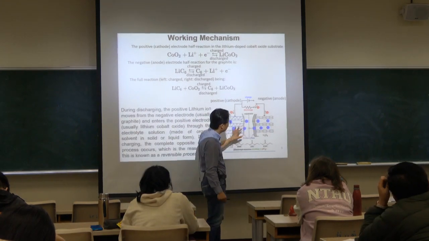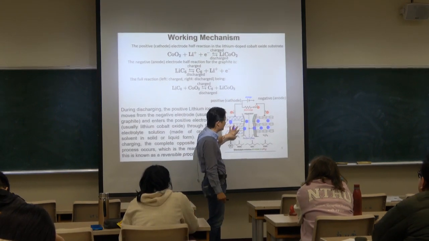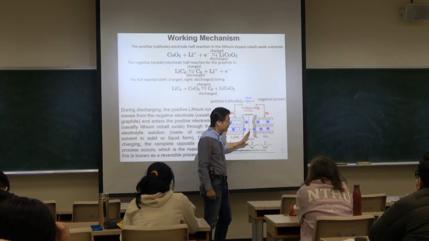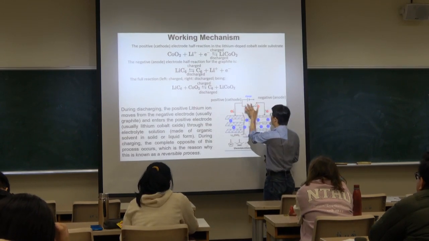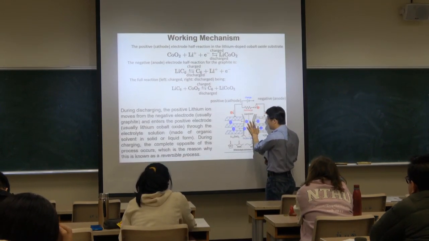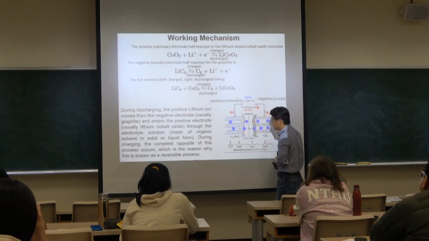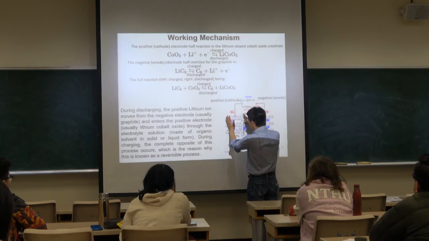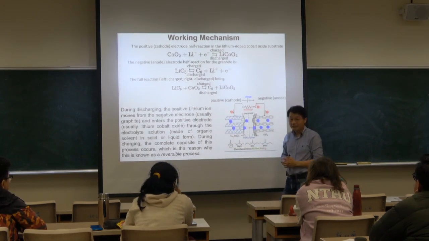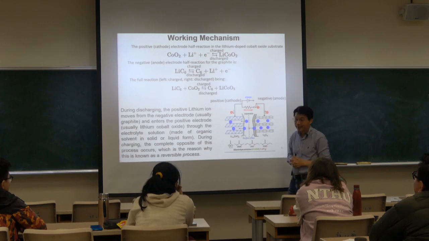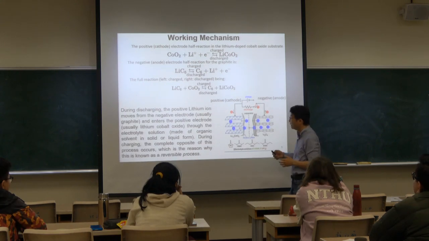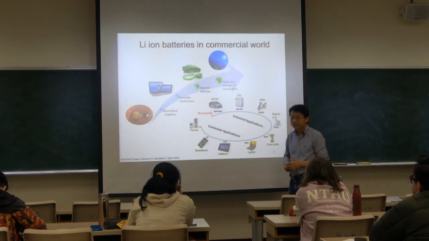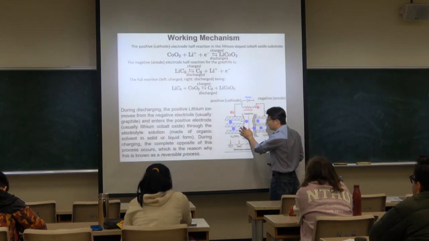Let's look at this. You have the cathode side and the negative anode side. Usually there is electrolyte, and once the cathode and anode touch the electrolyte, the surface will form an SEI layer, the so-called solid electrolyte interface.